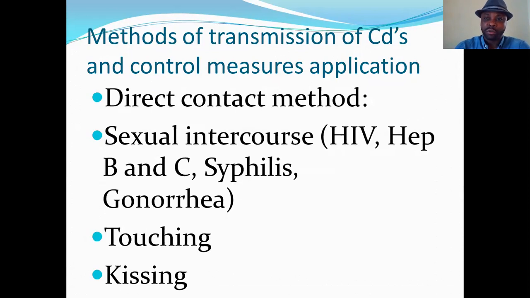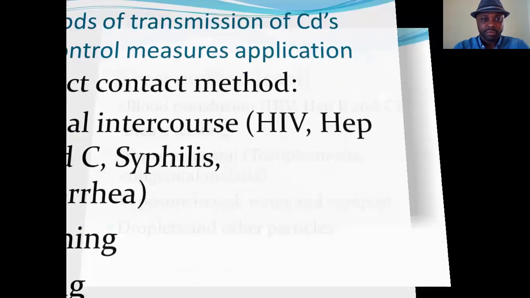Through touching, you could get skin infections. You could get contact dermatitis, infectious dermatitis from direct body contact with someone who has it. Kissing as well, you could get some oral infections from kissing.